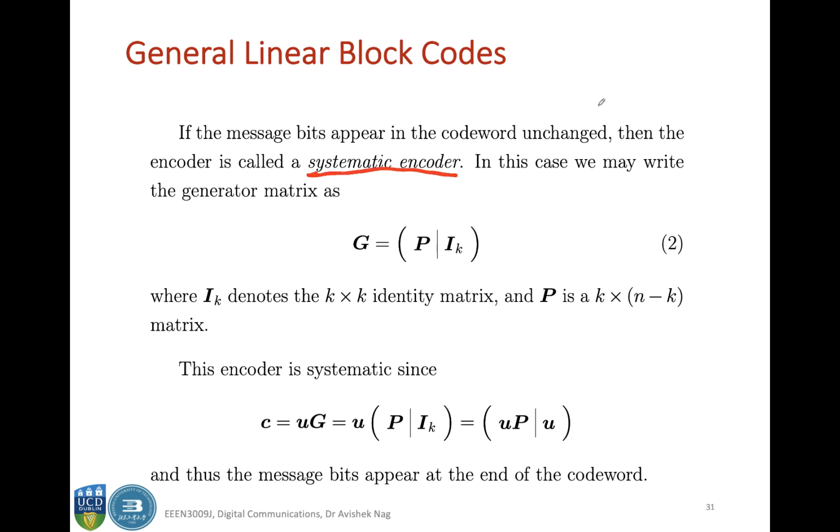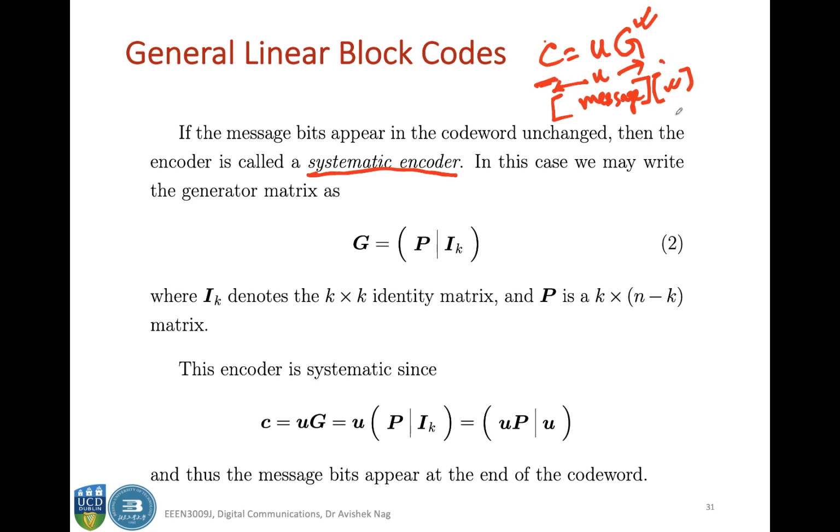So since we have a matrix G and you are generating your code by multiplying your message with this matrix, you can design this matrix in a way that in your code word you have the message words first, then followed by your check bits. Okay, so let's say this will be the message, the entire U, followed by the check bits.